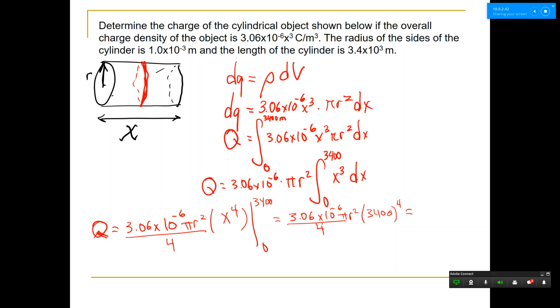You have an answer? Yeah, because you've got to put that in x, right? 3.4 times 10 to the 3 divided by 4. You didn't do this to the power of 4.